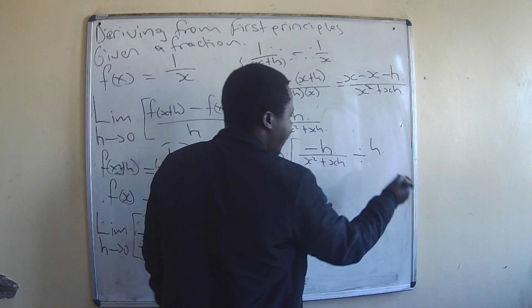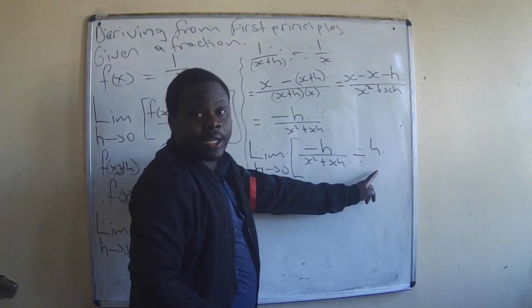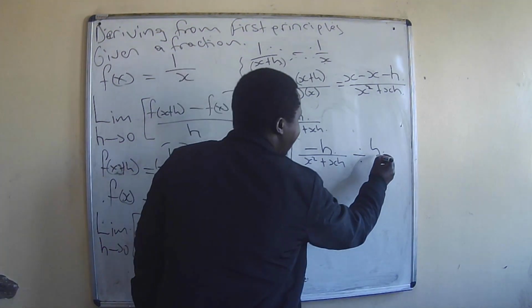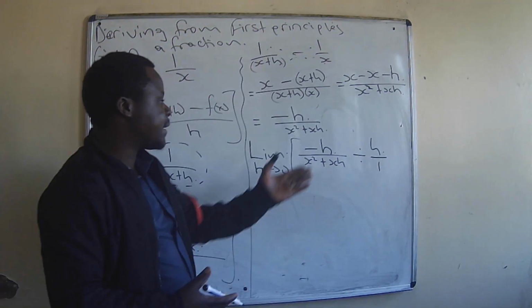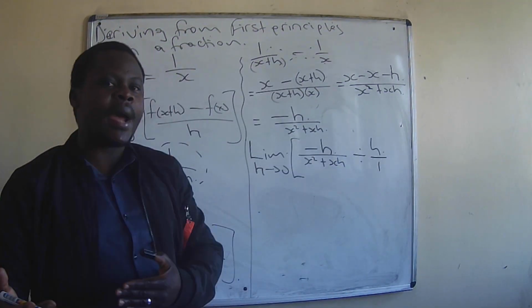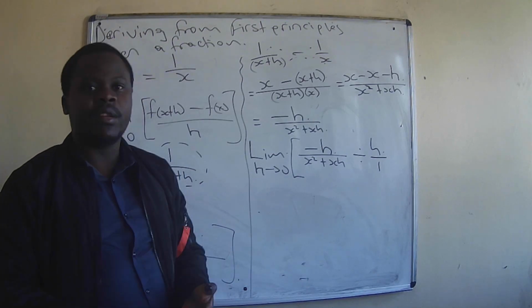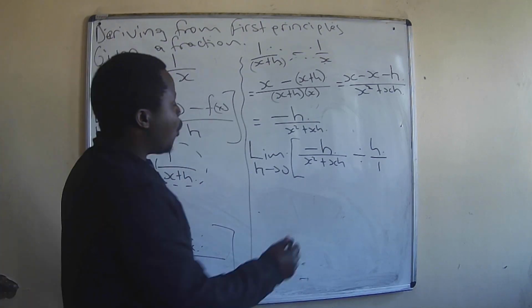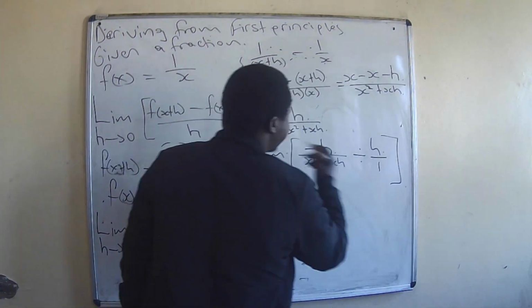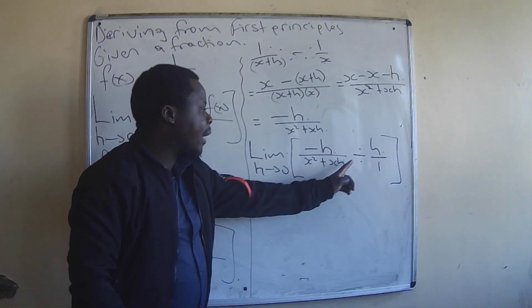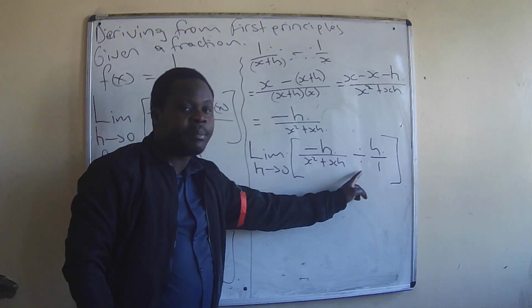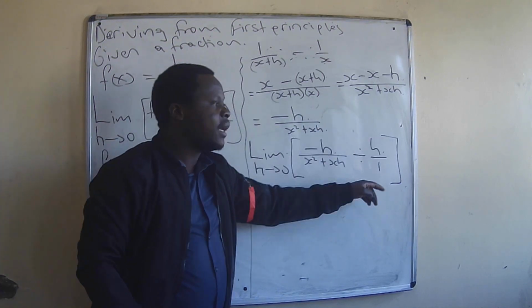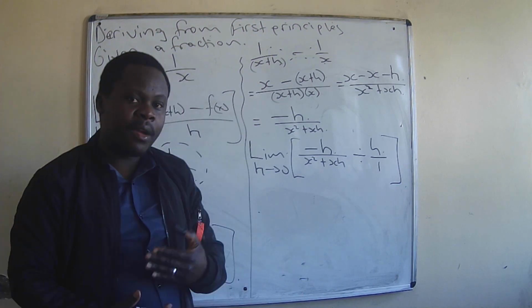Let's make h a fraction. H as a fraction becomes h over 1. Writing as h and writing as h over 1 is the same thing. Anything divided by 1 remains. So let's close our square bracket. Next step, we are going to remove this divided by, substitute with a multiplication, then we invert, the process of solving fractions.